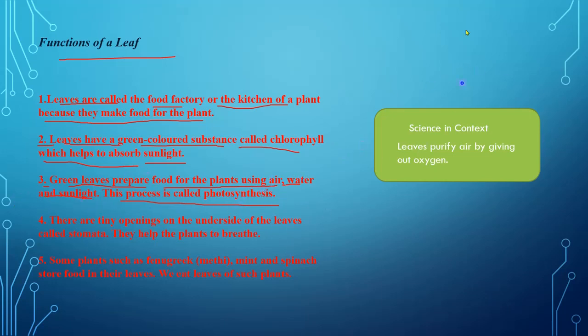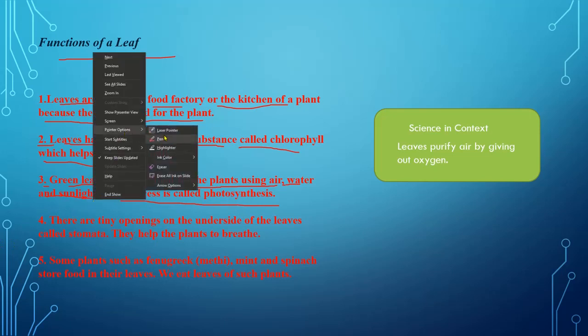Animals and human beings depend on plants because plants make their own food, but human beings and animals cannot make their own food. This process, where plants prepare their own food using air, water and sunlight, is called photosynthesis.